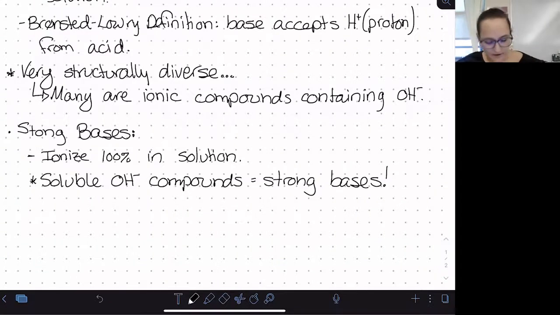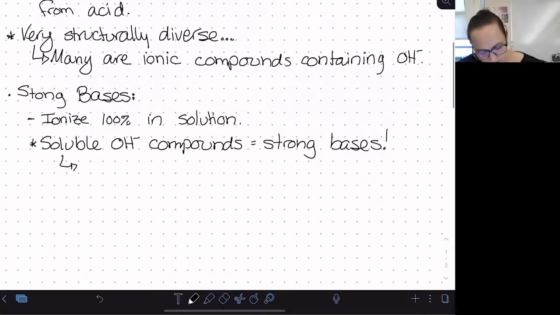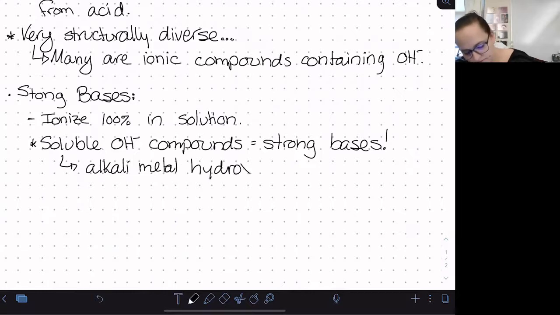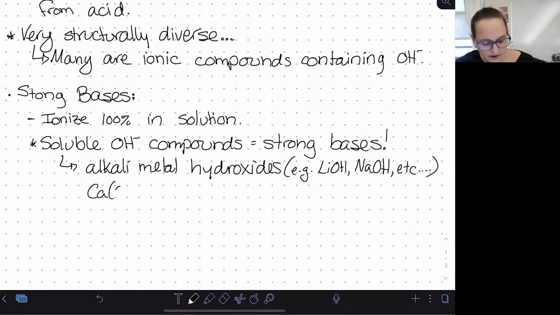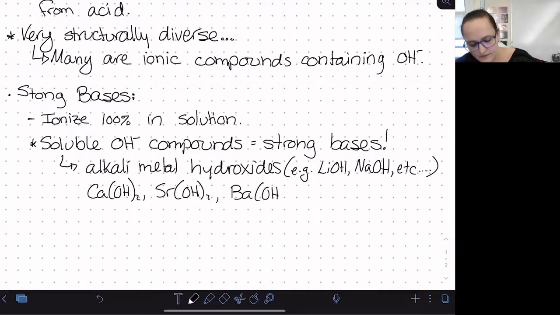There are quite a few exceptions, which are the alkali metal hydroxides, so that's lithium hydroxide, sodium hydroxide, potassium hydroxide, etc., on down that column, as well as calcium, strontium, and barium hydroxides.